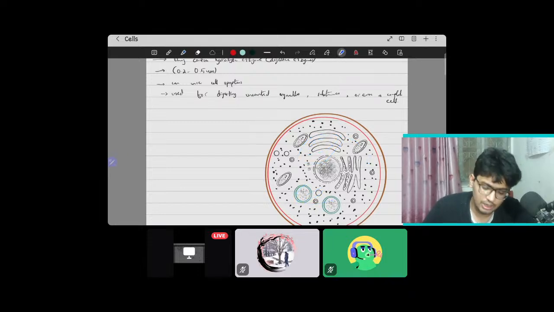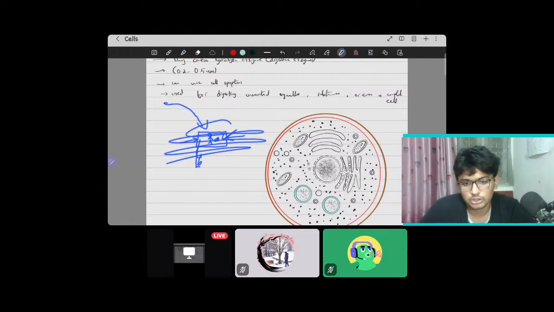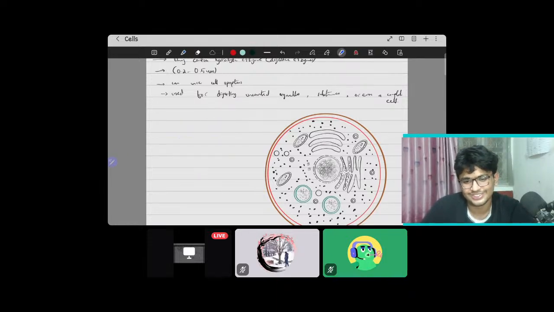So for example, this is a building which contains dangerous people, and we know that they are here. We can't just throw rocks, we can't just shoot firearms. So what we're going to do is throw a bomb and annihilate the whole room. A similar concept is used by the cells here.